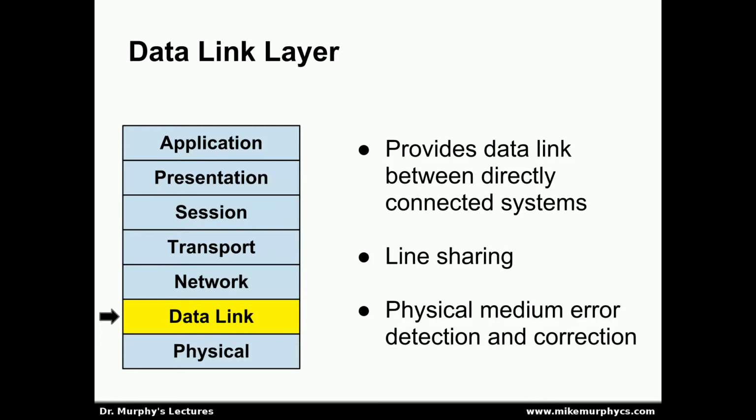This allows, for example, a line to be shared between two or more systems, and arbitrates who can send at any given time. This also performs some physical medium error detection and correction. The physical layer just tries to get the bits from one end to the other. It's up to the data link layer, in most cases, to perform the initial error correction.